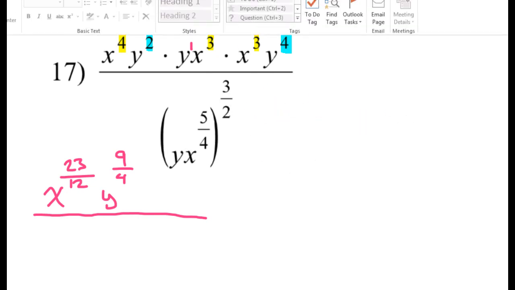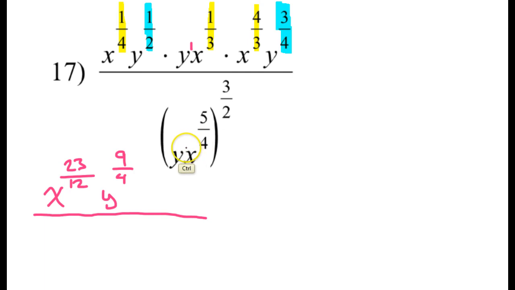All right. Now look at the denominator. When you raise a power to a power, you multiply. I'm doing the x right now, so I'm going to multiply these. So this is going to be 15/8. I'm just multiplying straight across.